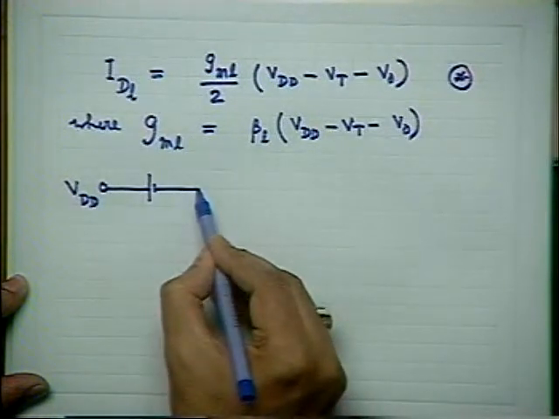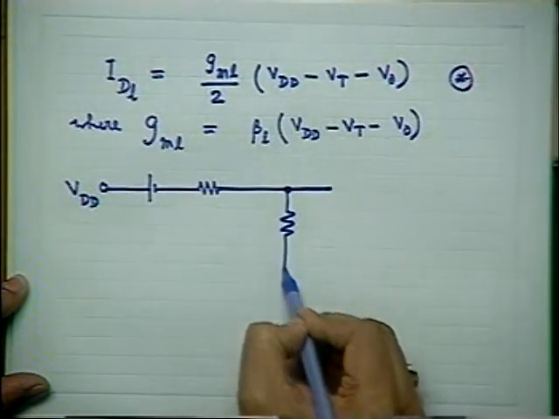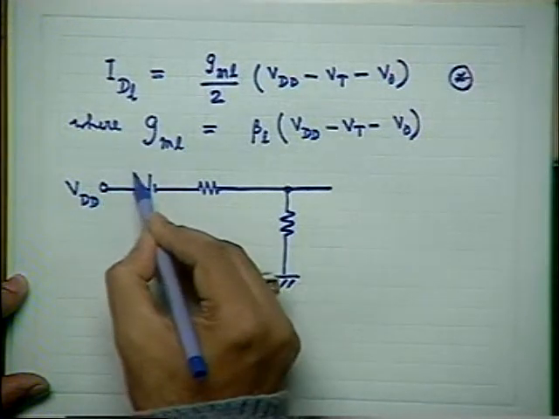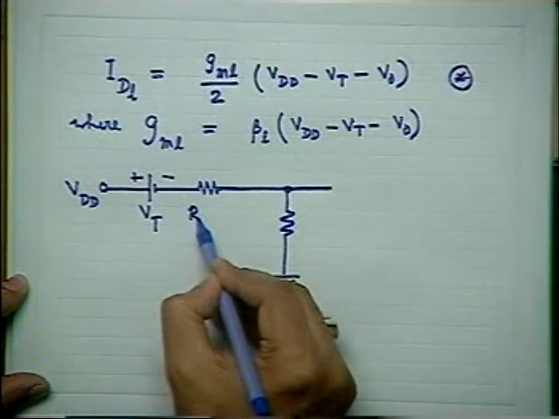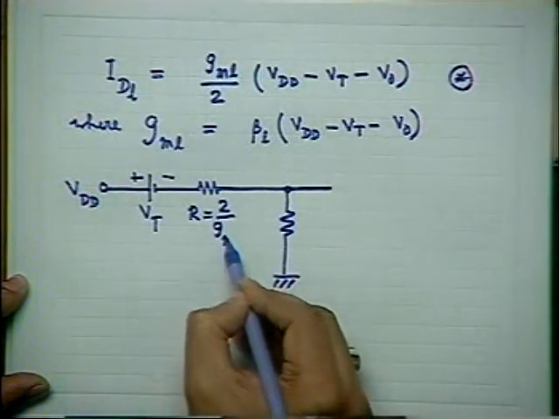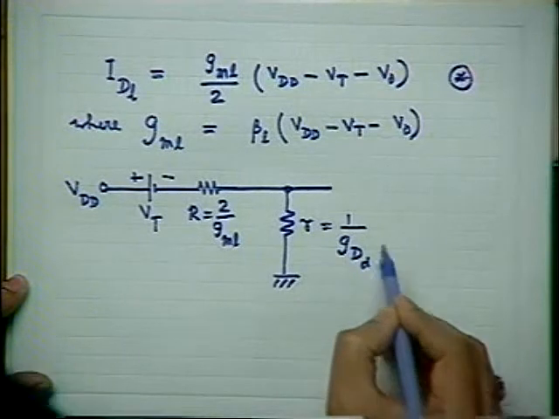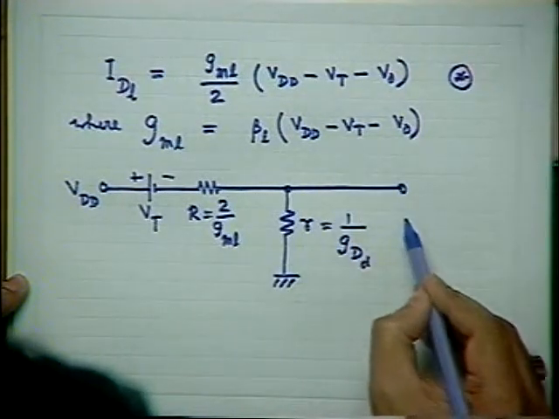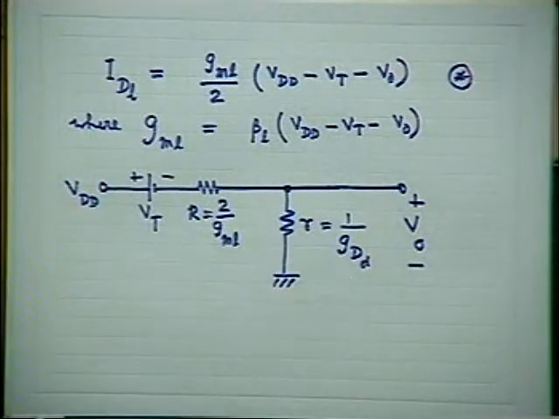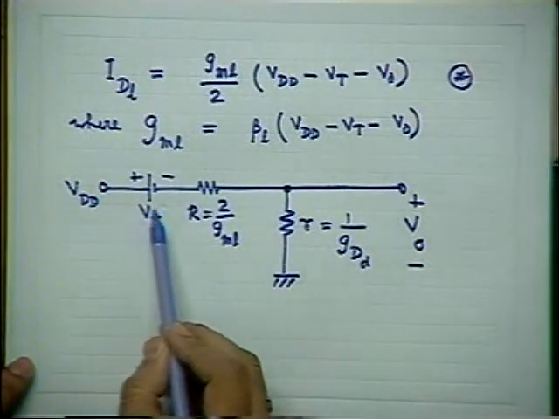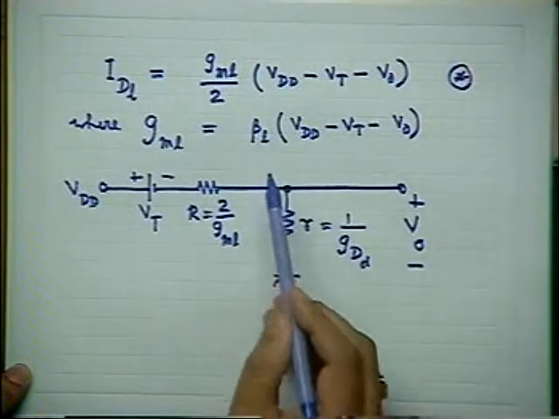For the inverter, you see that the load transistor has been replaced by a voltage source VT and a resistance which is given by 2 by GML.